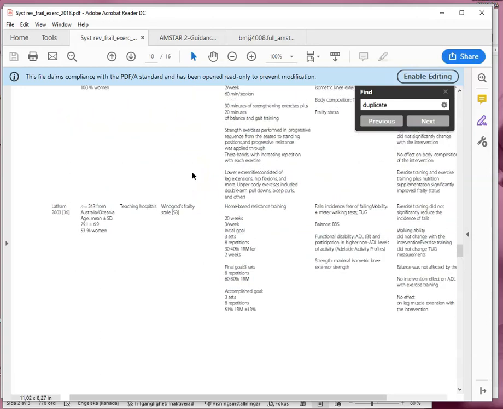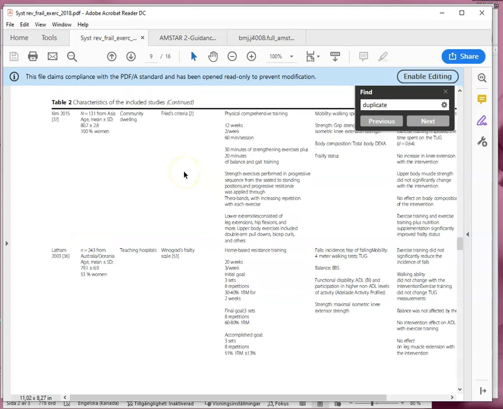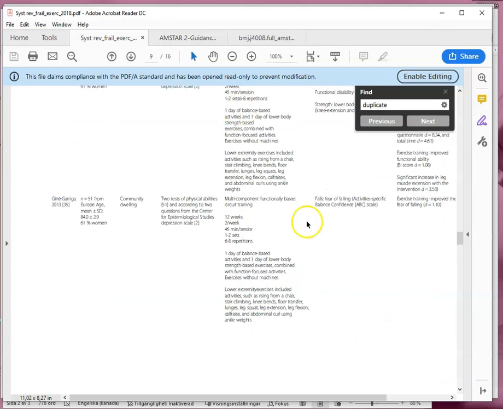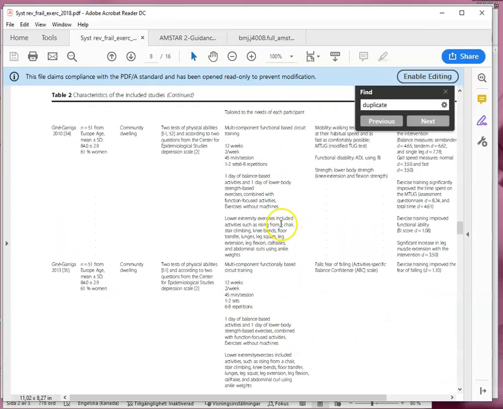It's called characteristics of the included studies. We have the country, we have what kind of people it is, the criteria, how frail they are, what is the training, there should also be the control group, but I don't know. Oh, wait a minute, we have to look at the headings.